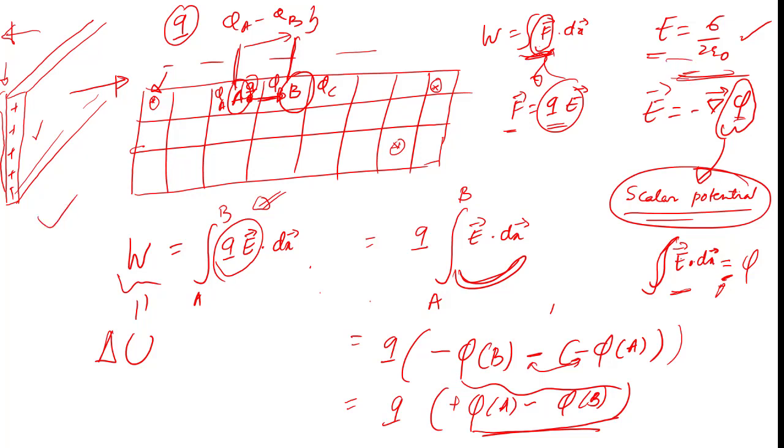In the case of the slab here, the electric field was the same all throughout, but the potential is not the same. So because the potential is not the same, it is telling us a little more information: if you move from point A to point B, there is going to be a force, and that force is going to do some work, and that's going to be this much.